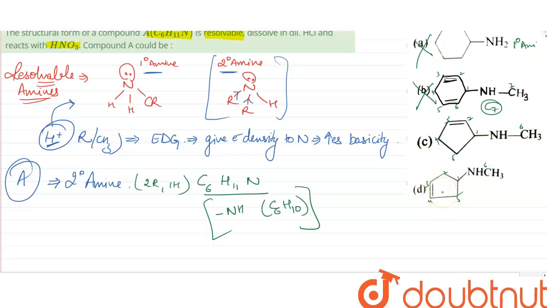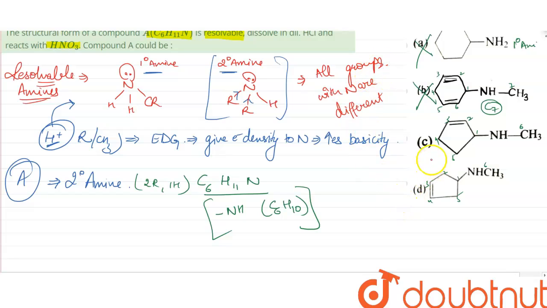But you have to see one thing: when we talk about resolvable, all groups with nitrogen should be different. It should be a chiral nitrogen type.